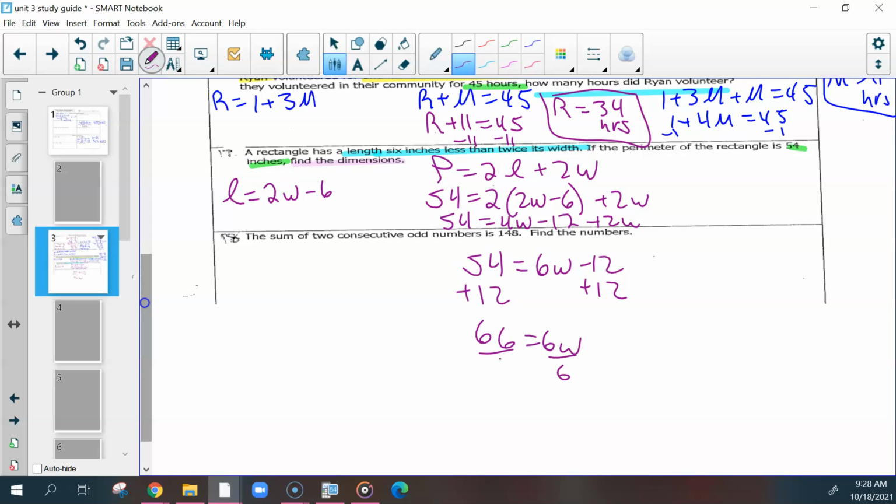And divide. And then this one was inches. Make sure you have that unit.